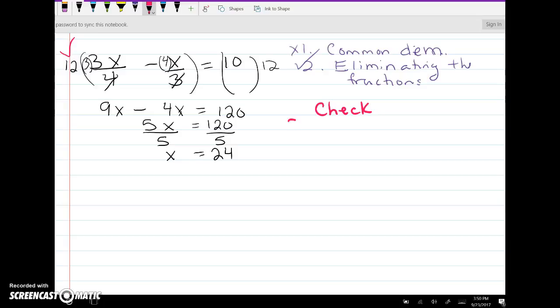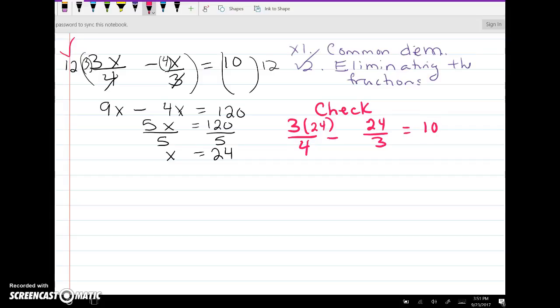Again, we go back to our original equation. 3x over 4 minus, whoops, this shouldn't be x. This should be 24. 3 times 24 over 4 minus 24 over 3 equals 10.